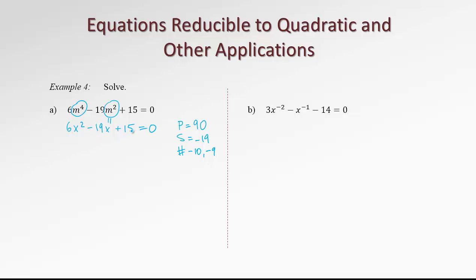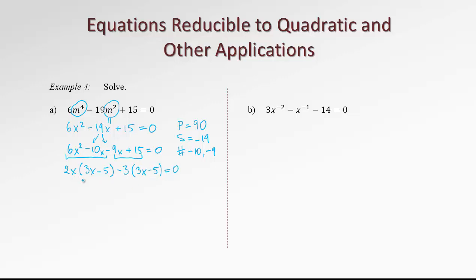Therefore, we know that the left-hand side trinomial can be factored. We could apply the decomposition method. If we split the middle term into negative 10x and negative 9x, copy the rest as it is, so 6x squared in front, and then group those terms 2 by 2, we can pull the common factor from the first two terms, which is 2x, leaving in a bracket 3x minus 5, and from the last two terms let's pull negative 3, and then in the bracket we have 3x minus 5 again.